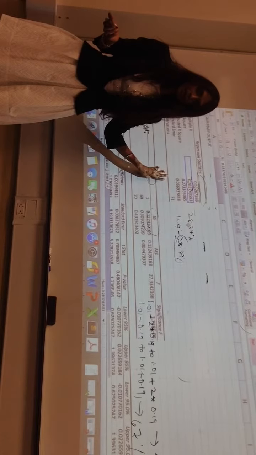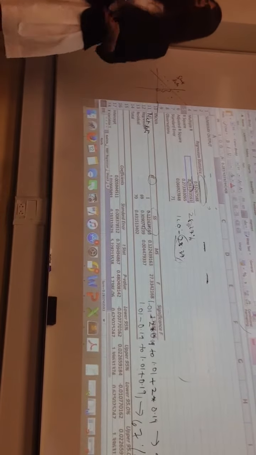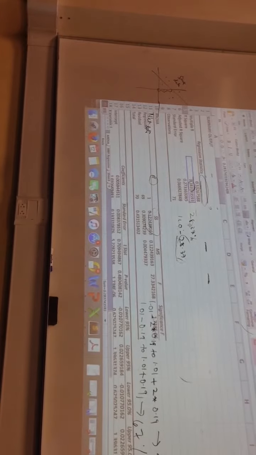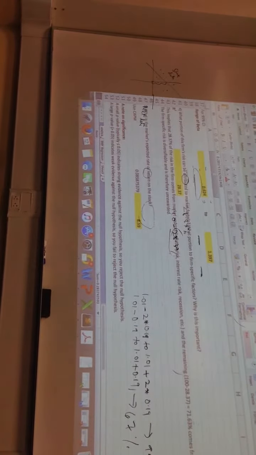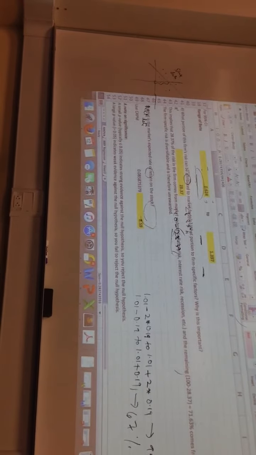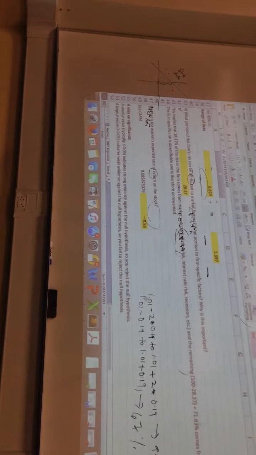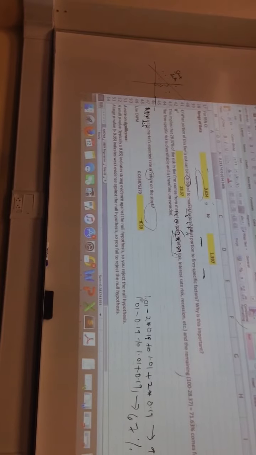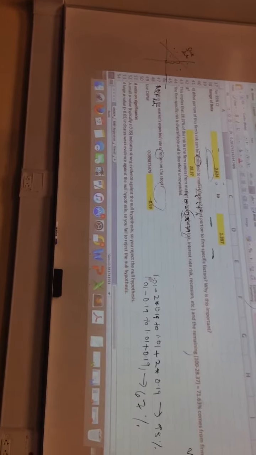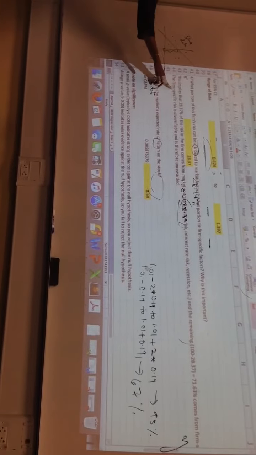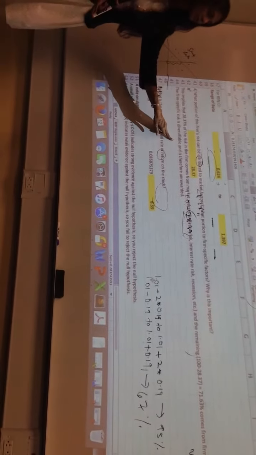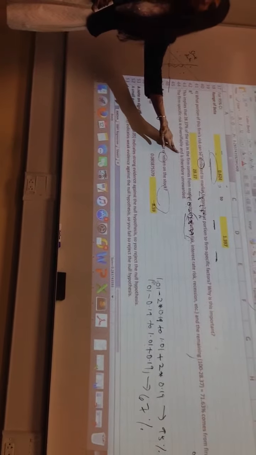Clear? Okay. So 28.37% of the risk in the firm comes from market sources, while the rest comes from firm-specific factors. Firm-specific risk is diversifiable and is therefore unrewarded. Okay?